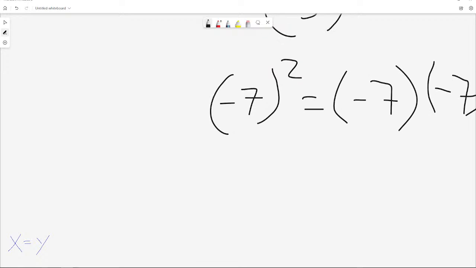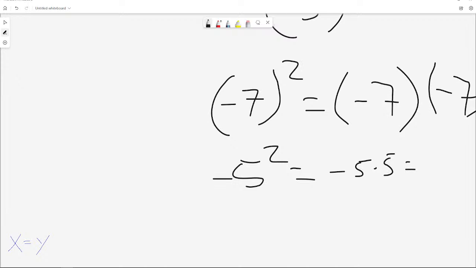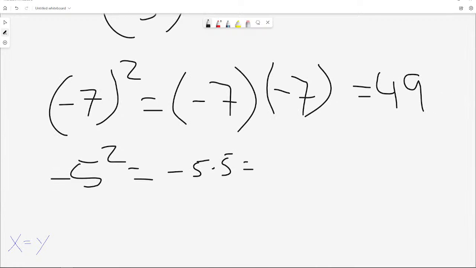Now, look at something a little bit different here, though. What if we have -5 squared? What do we get here? Well, we're going to get -5 multiplied by 5, and that's going to equal -25.